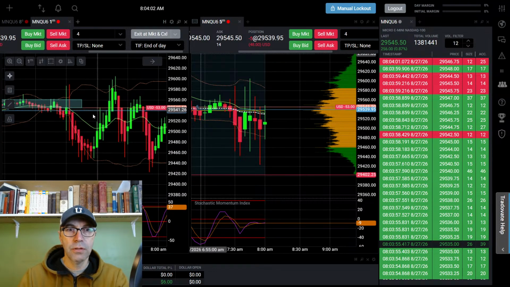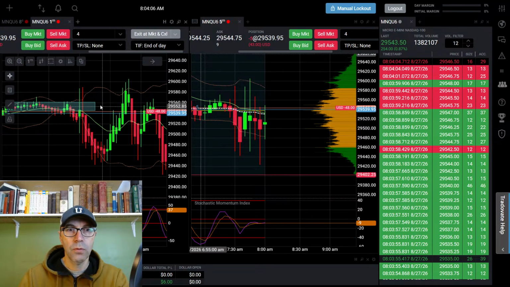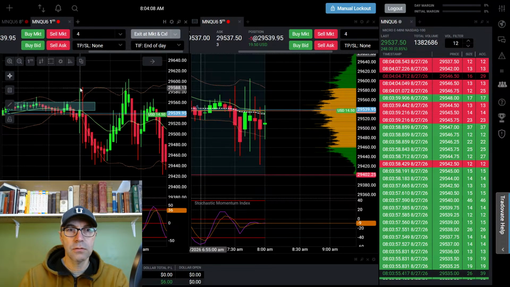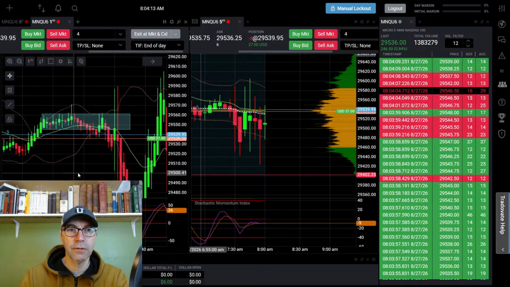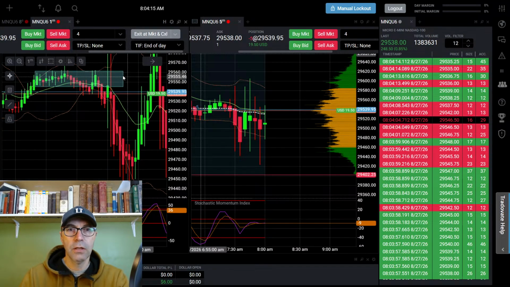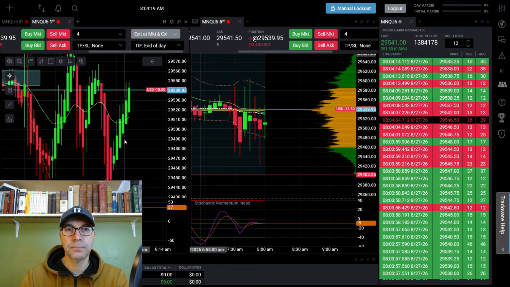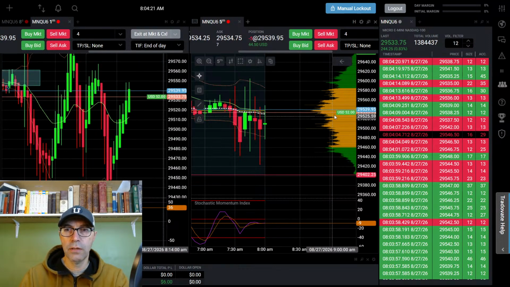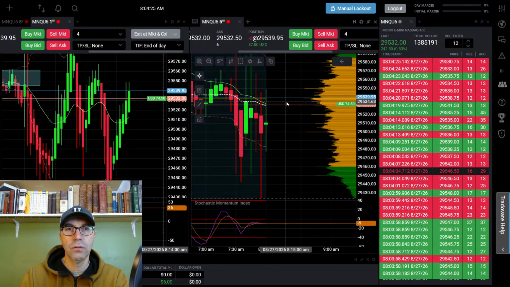All right, coming into this channel, we're right back to this channel right here that was mapped out earlier. That looks like our key level, which on the 5-minute chart is also the point of control.